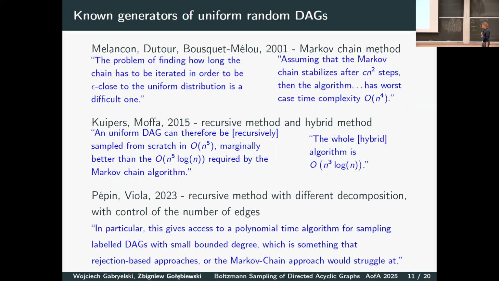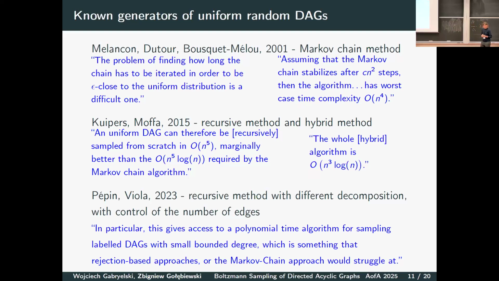One of the first papers that we found about generating uniform random DAGs was by Melançon, Dutour, and Bousquet-Mélou from 2001. They provided a really nice and simple algorithm, a Markov chain method, that was very easy to implement. But the problem, which they even stated in the paper, is that finding how long the chain has to be iterated in order to be epsilon close to the uniform distribution is a difficult one.